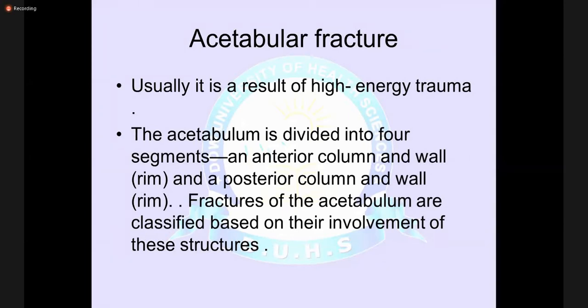The acetabular fractures are divided into 4 segments: number 1 is the anterior column and the anterior wall, and the posterior column and the posterior wall. The fractures of the acetabulum are classified based on their involvement of these structures. There are primary fractures, and the others are known as associated injuries.